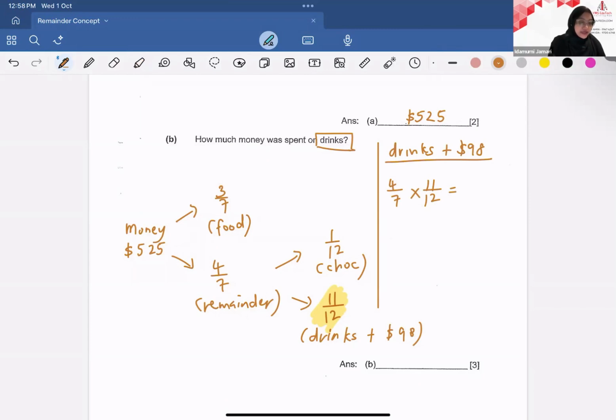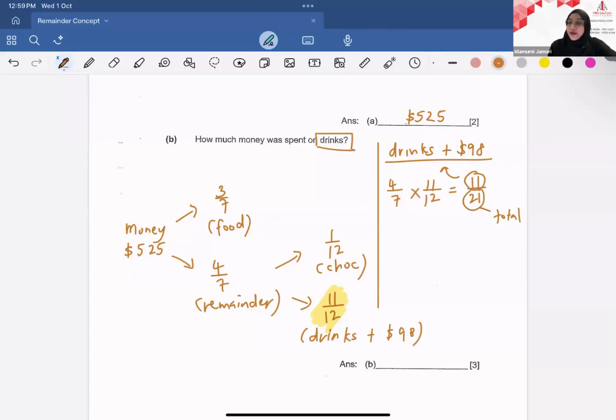Key this into the calculator and we get 11 out of 21. Now, students, you need to know what each unit represents. These 11 units refer to the amount of money spent on drinks as well as the amount of money left, while 21 units is no longer the remainder, but now we are referring to total units.